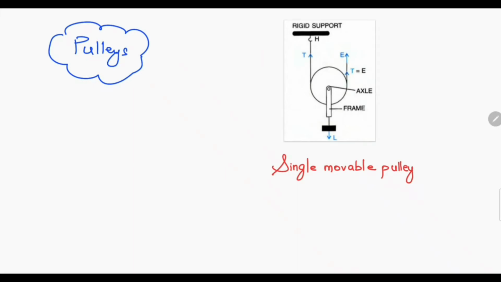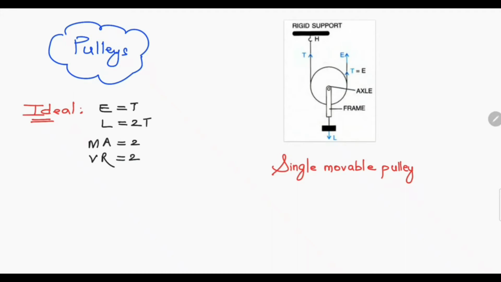First, we will talk about ideal machine, that is ideal condition. Effort will be equal to 1T, load will be equal to 2T. Two strands are supporting, that is why 2T, hence mechanical advantage, load upon effort, will become 2. Velocity ratio is 2, remember.